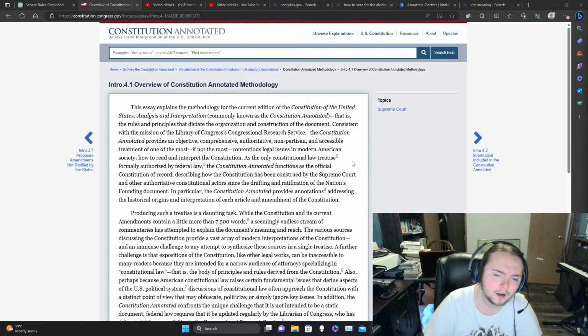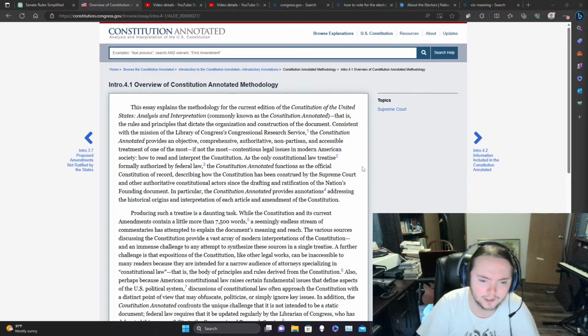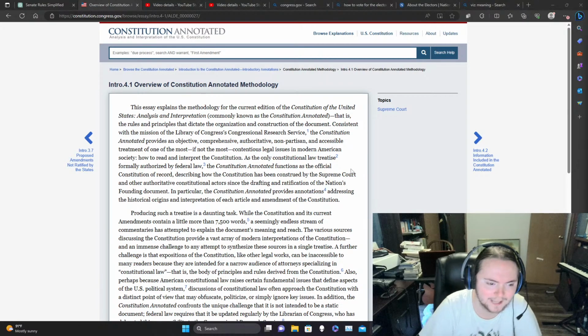As the only constitutional law treatise formally authorized by federal law, the Constitution Annotated functions as the official constitution of record, describing how the Constitution has been construed by the Supreme Court and the other authoritative constitutional actors since the drafting and ratification of the nation's founding document.